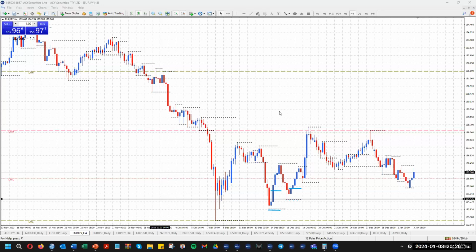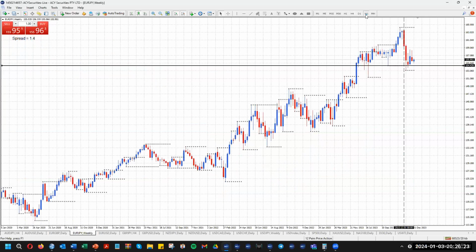But the point I'm trying to make here is when you're seeing price rejecting a major level of weekly support, then you need to anticipate that price is probably going to go the opposite way. Yes, the risk may be high. Well, I mean, the amount of pips that you're having to risk may be high.